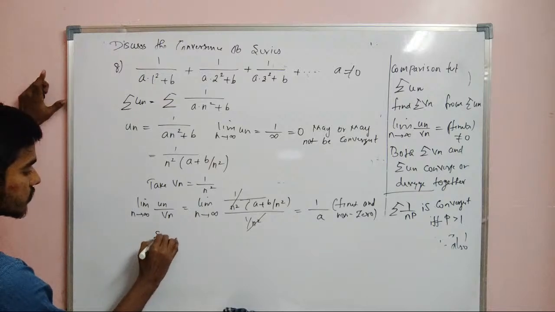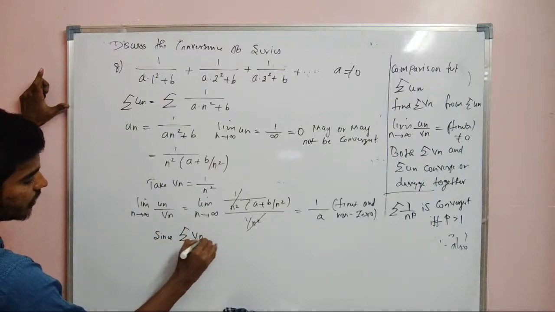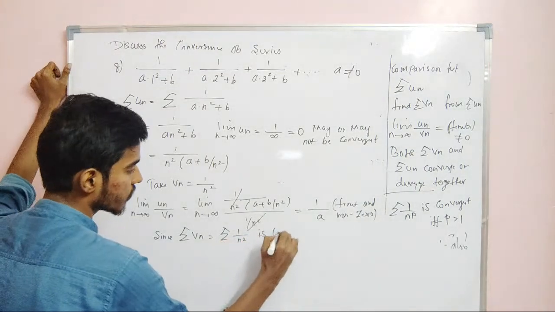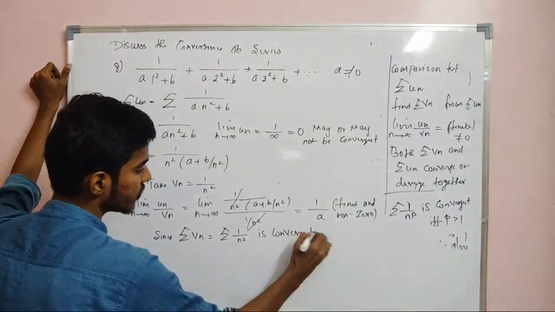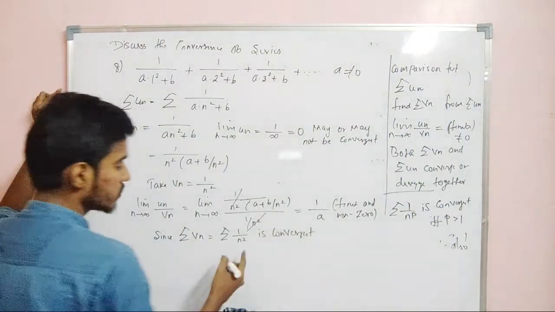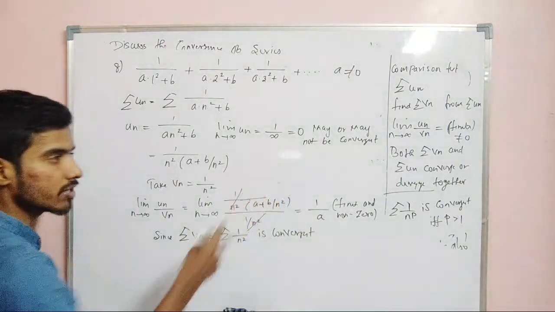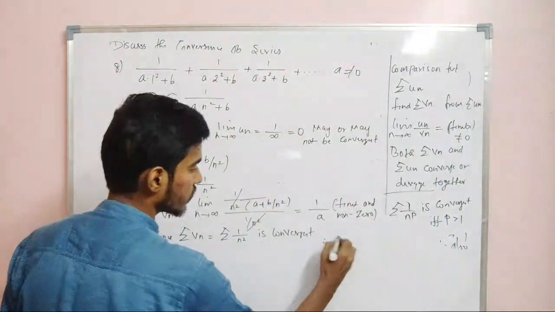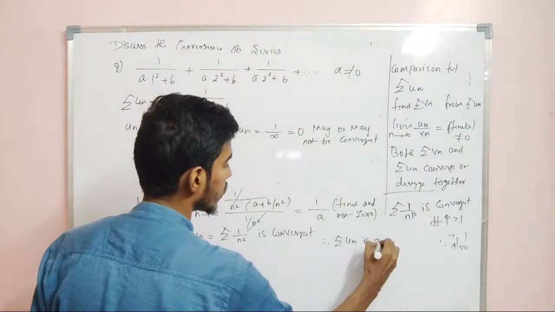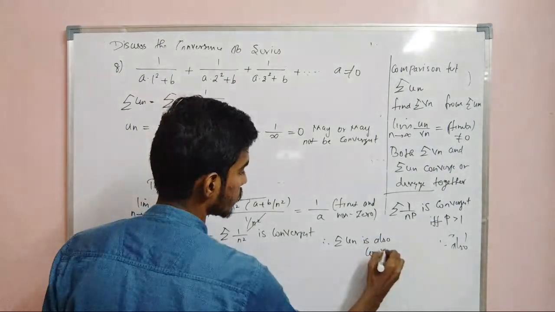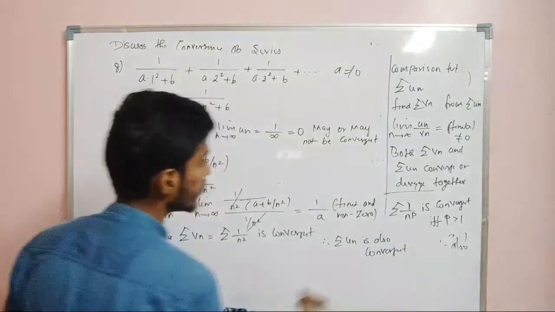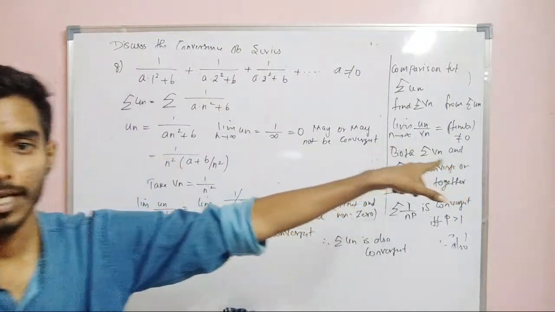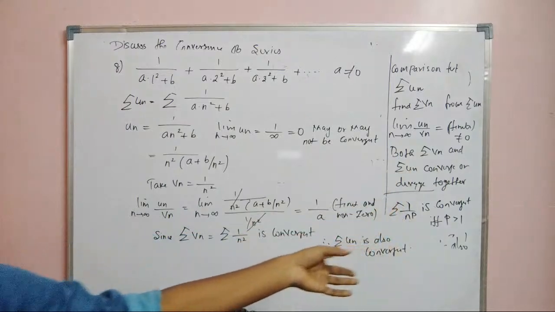Since summation vn, which is summation 1 by n square, is convergent, because summation 1 by n power p is convergent if p is greater than 1, un is also convergent because both behave alike. So therefore summation un is also convergent, right? If limit n tends to infinity un by vn is finite and non-zero, both behave alike, right?